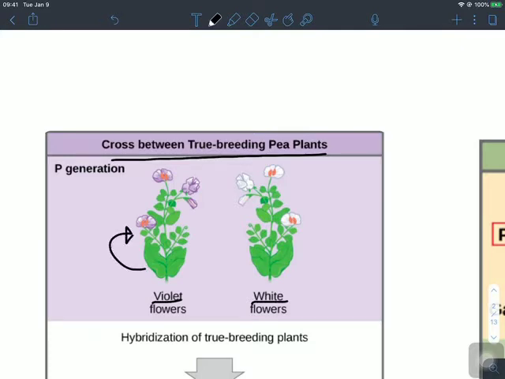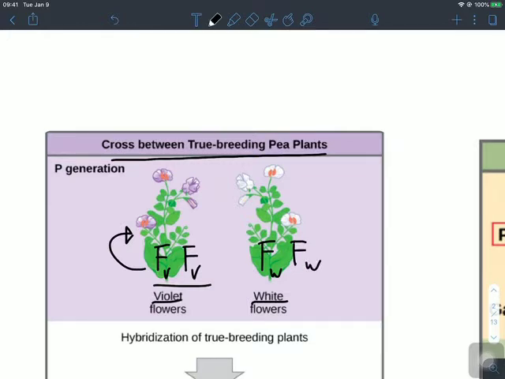When you cross this one to itself, it's 100% violet. That means if we're going for flower color, the gene F, color of violet, color of violet. This is the genotype for this particular individual. In our white individual, flower color is white, flower color is white.